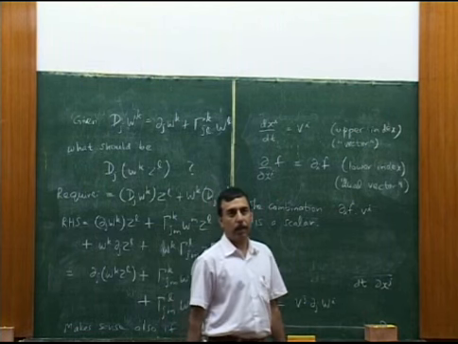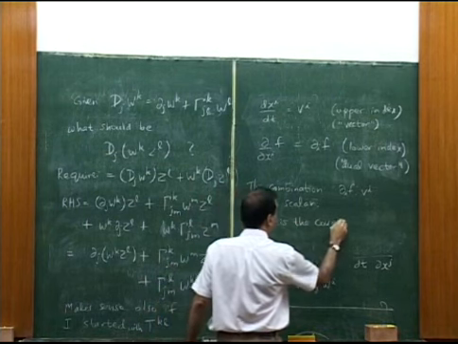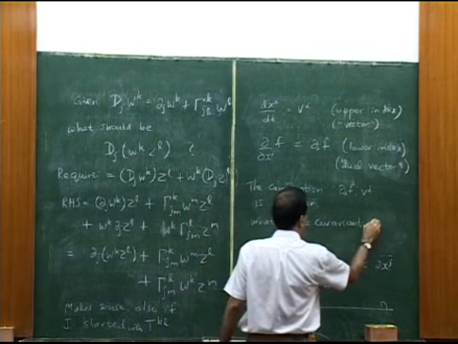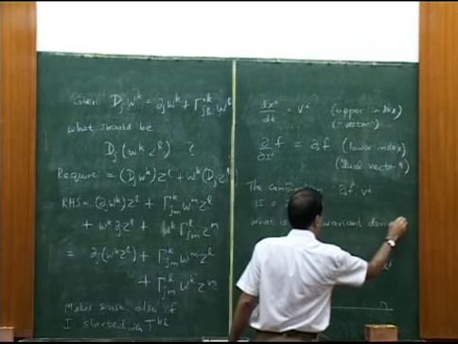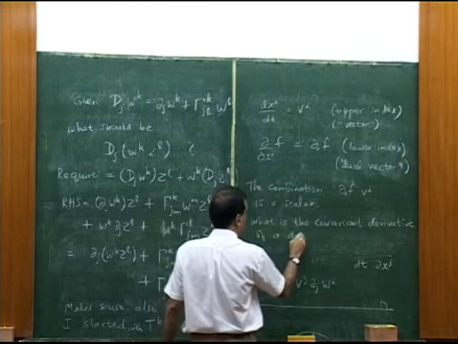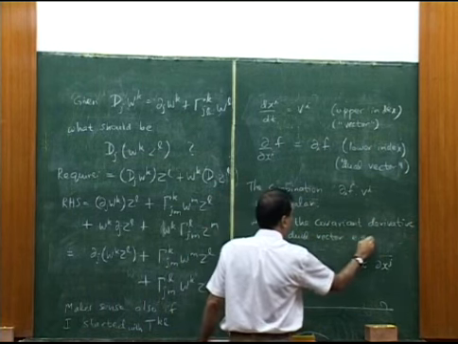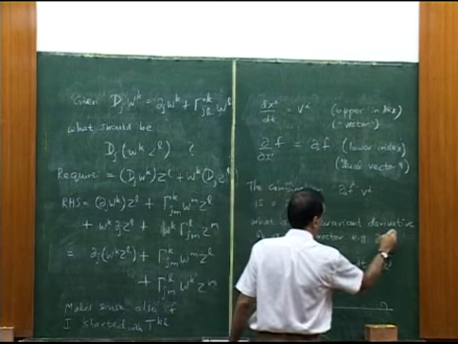So now we can ask ourselves the question, what is the covariant derivative of a dual vector? E.g., the gradient of a function.